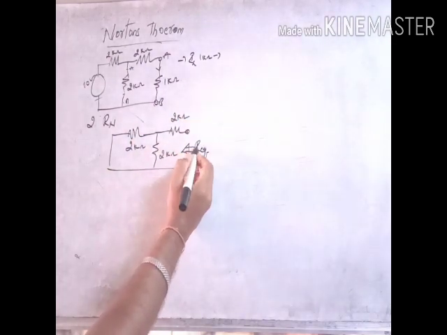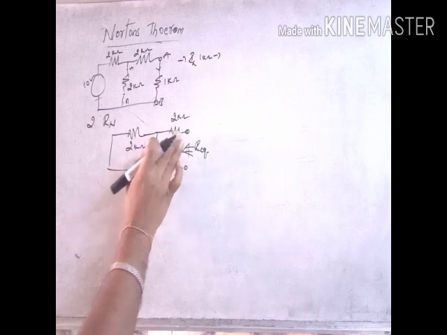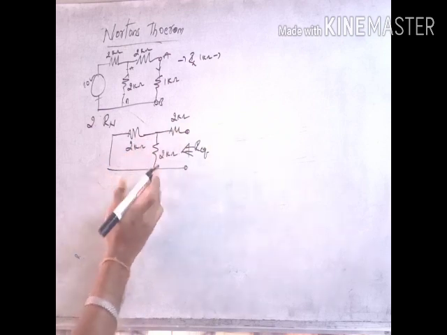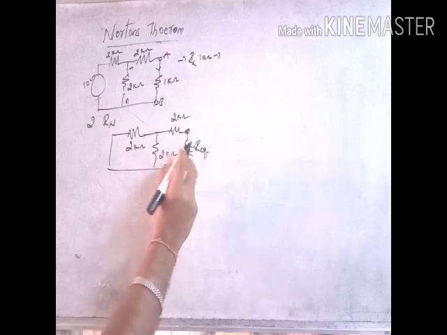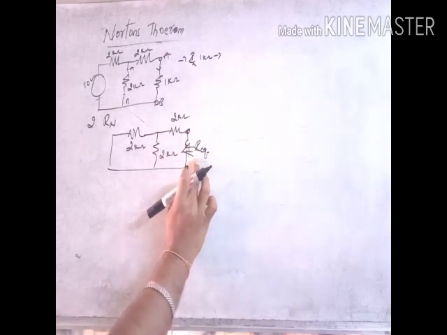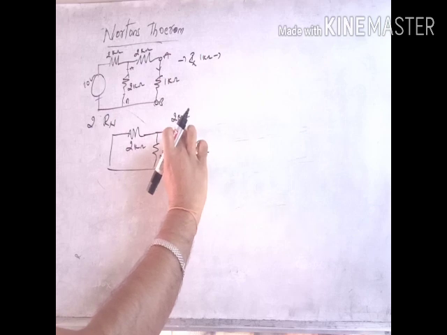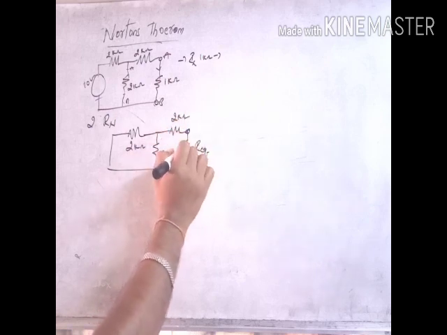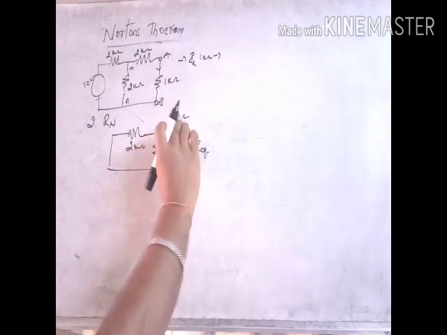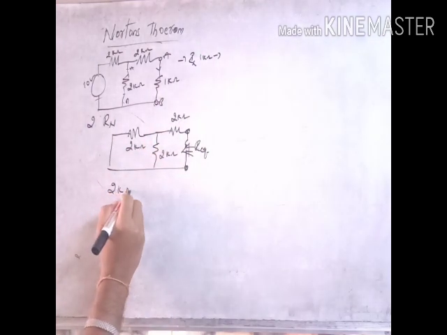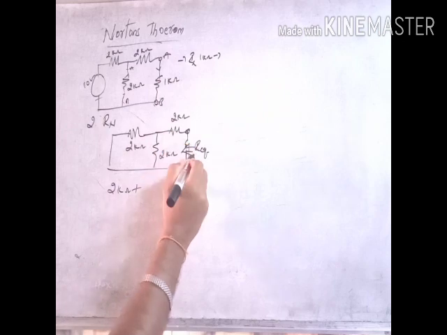The total equivalent resistance will be calculated based on the series-parallel combination of resistances. There is a resistance here; don't think that this resistance is open. These terminals are connected, so this 2 kilo ohm and the equivalent resistance are a series combination.